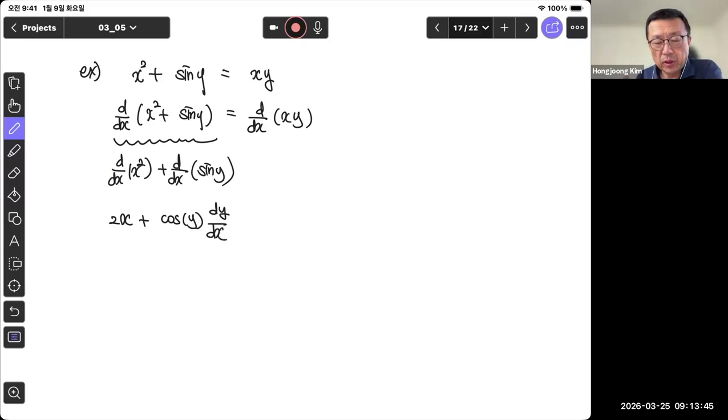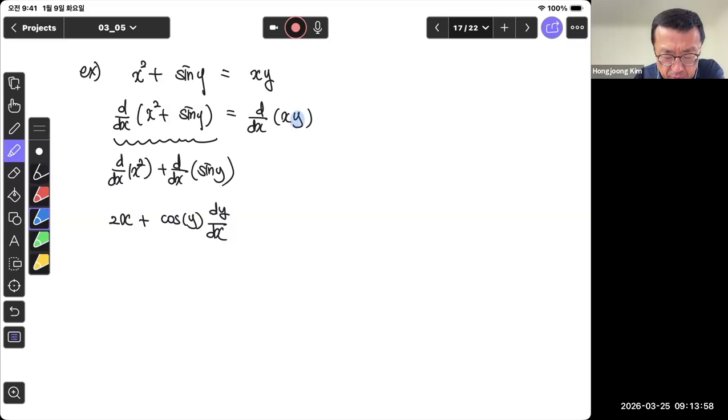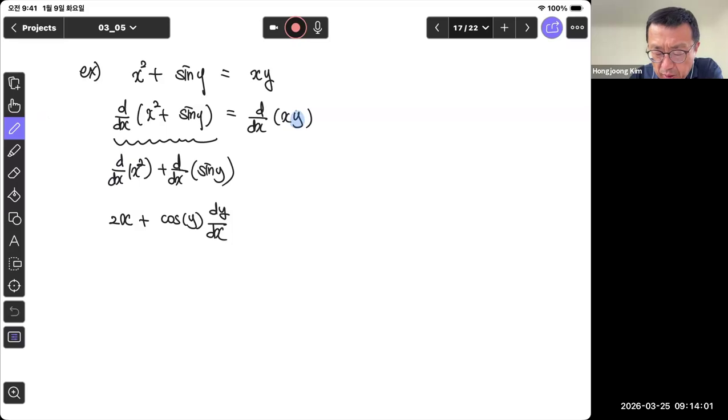Now, let us look at the differentiation of the right hand side. I have a product of x and y. And please remember that this y is a function of x. So that means I have a product of two functions in x, and they are multiplied. So I need to apply the product rule.